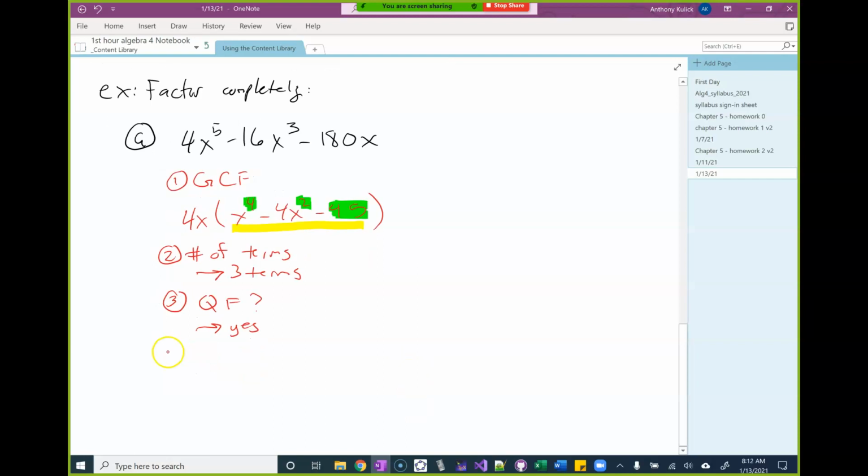Since it is in the quadratic form, then I know I can attempt to factor this. So the next thing I do is determine whether the leading coefficient is equal to 1, which it is in this case, which tells me then I can do the shortcut factoring.